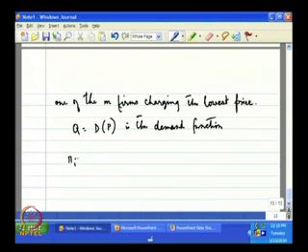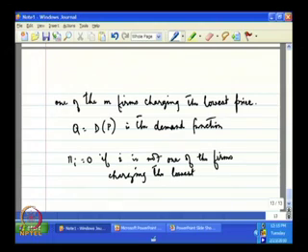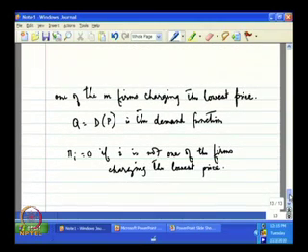If not, then what happens? Pi I is equal to 0 if I is not one of the firms charging the lowest price, then I is not getting any demand in the market.